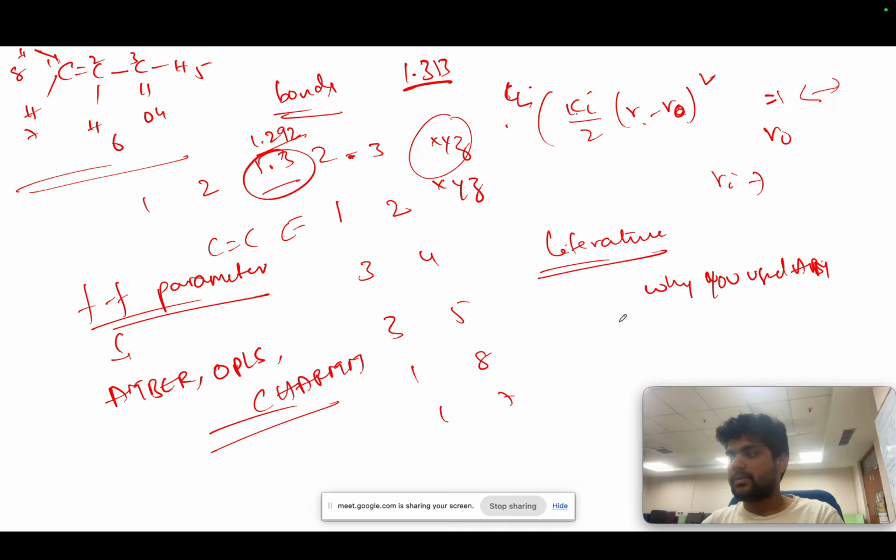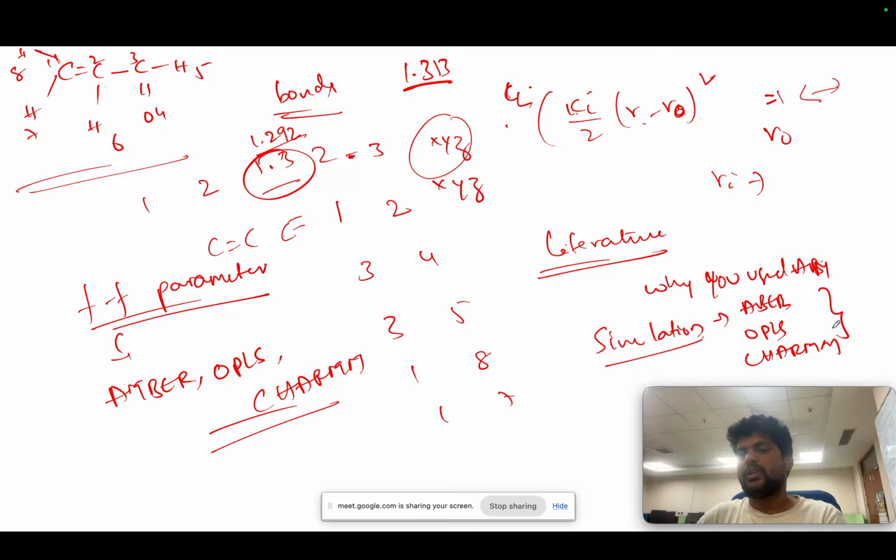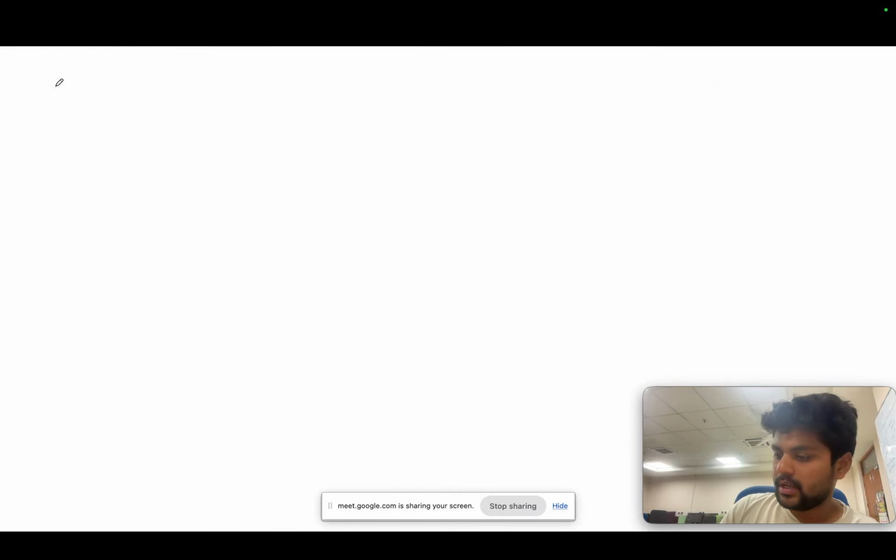Sometimes they will even ask, can you prove the authenticity of the Amber force field? Then we need to take a new system and do the simulation to figure out which one gives the better result, either Amber, OPLS or CHARMM. It depends upon your literature, which molecule is to be taken. Once we are done with the force field parameters, then we have the algorithms.